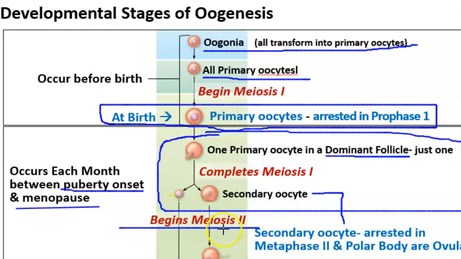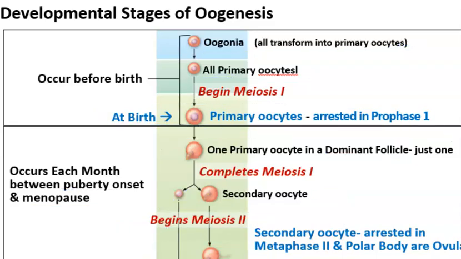Then when the sperm comes along, now we actually get meiosis 2 completing. And so you'll get one ovum and another polar body, but the polar body that already existed will divide into 2. So the bottom line is you get 3 polar bodies and one functional ovum that contains the sperm nucleus.